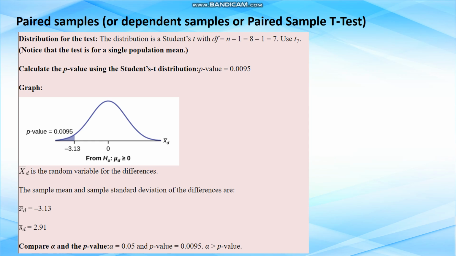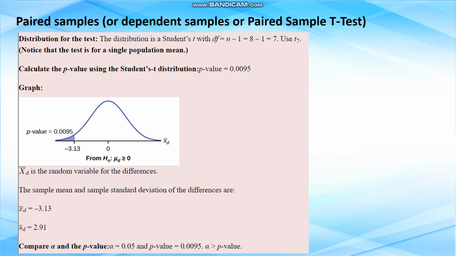Finally you compare the alpha and the p-values, but the alpha value is fixed at 5% error rate, so alpha is equal to 0.05, and the p-value shows 0.0095 by using the t-distribution.